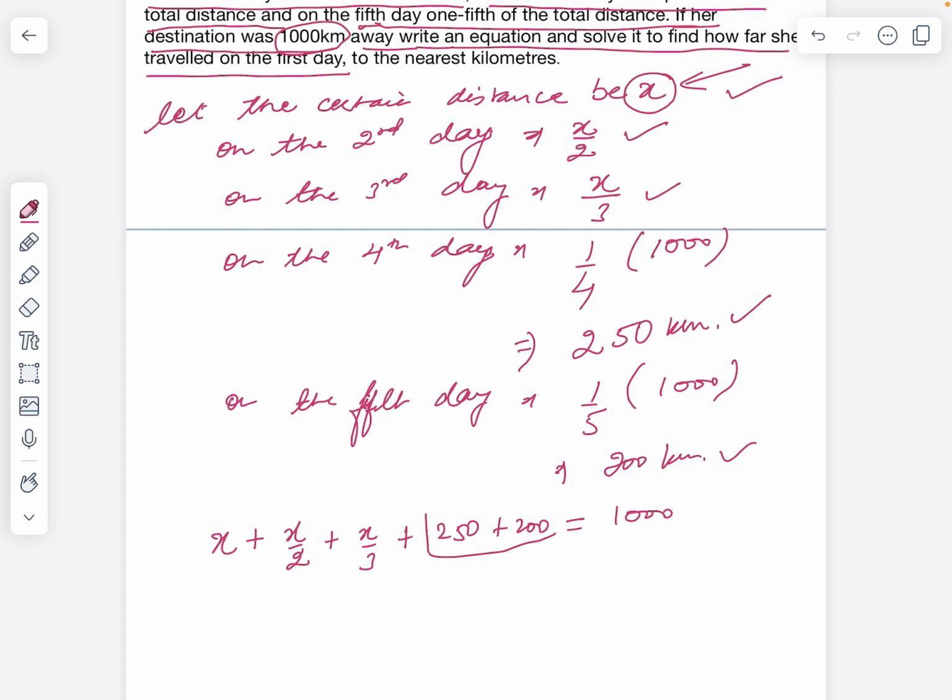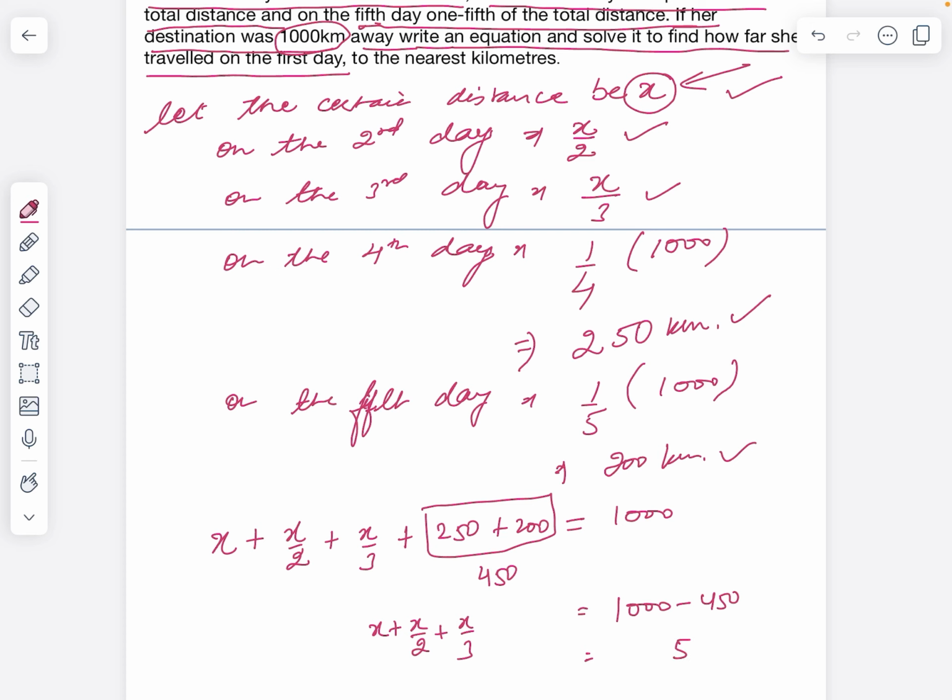Now this is numerical, it can easily be added. That's going to be 450 and I'm going to take that away from 1000. That would give you 1000 take away 450 should be equal to x plus x by 2 plus x by 3, right? So what is 1000 take away 450?